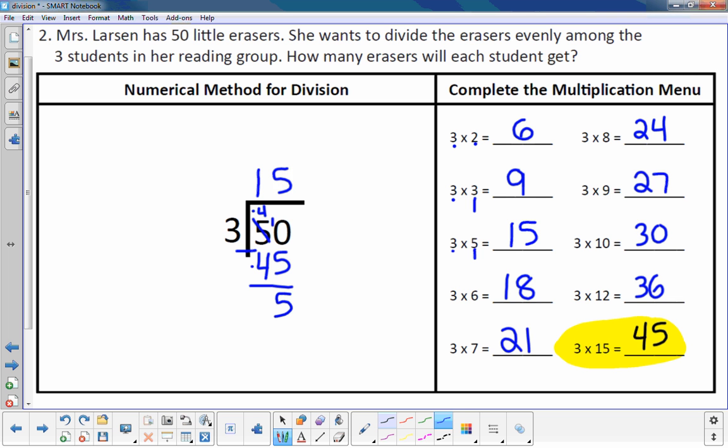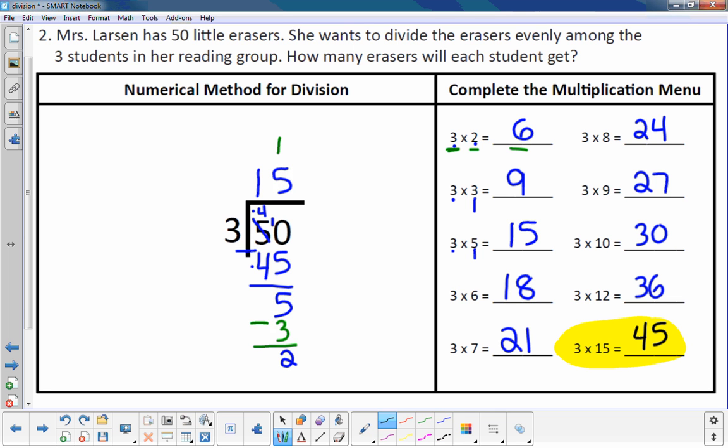Well, 3 times 1 is 3. 3 times 2 is 6. That'd be too big. So I'm going to go with 3 times 1. 3 times 1 is 3. I'm going to subtract. I'm left with 2. 2 is less than 3. So I'm done now. That's my remainder.